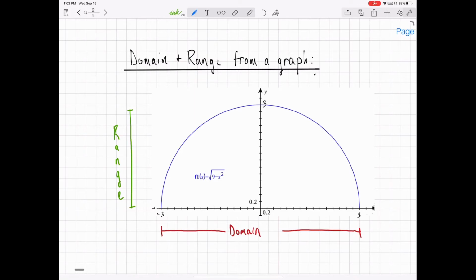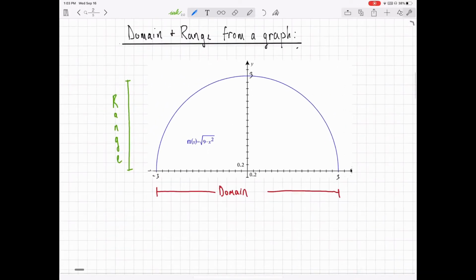From a graph, these are generally pretty easy if the function doesn't have any holes or numbers skipped. So for this one, for the domain, you're really just looking at the lowest number and the highest number. Since this is a continuous line that's drawn, it's easy. So the domain goes from -3 all the way out to +3.